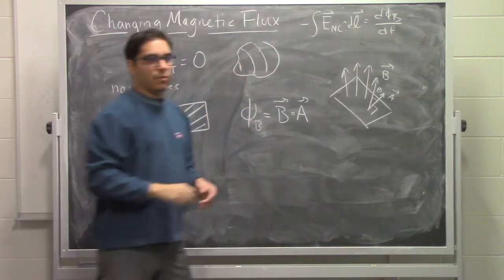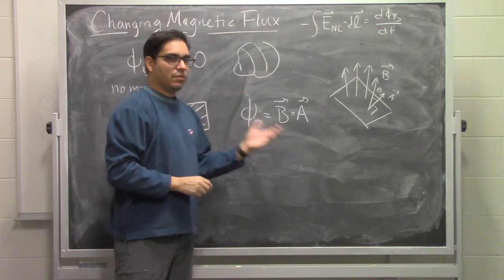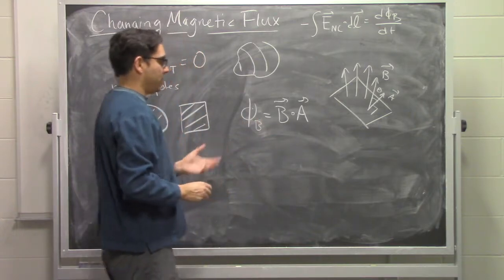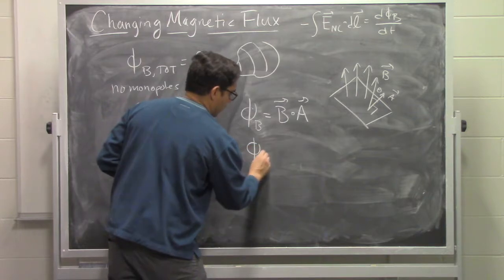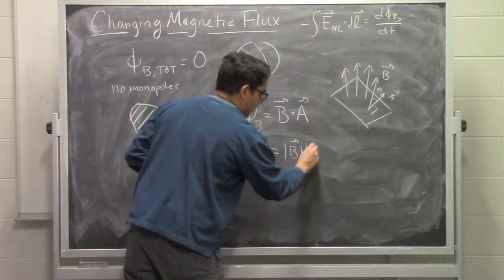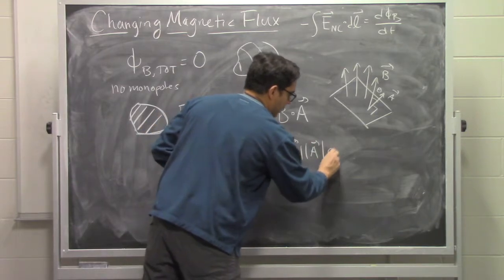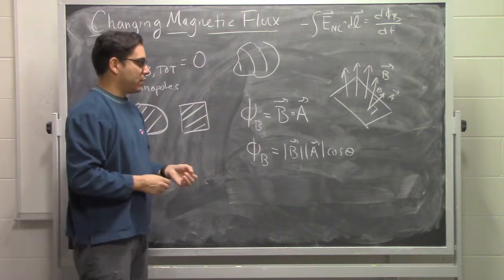Maybe it makes some angle theta with respect to that particular area vector. Then we can say the total magnetic flux over that area is basically the magnitude of this dot product. That is, the magnitude of B times the magnitude of the area times the cosine of the angle between the area vector and the magnetic field vector.